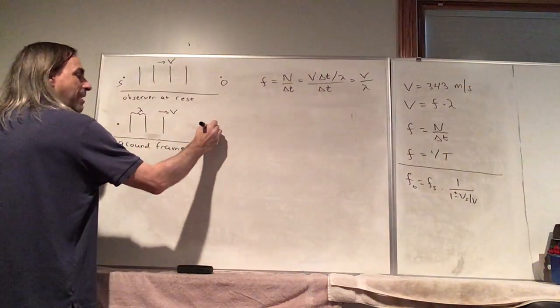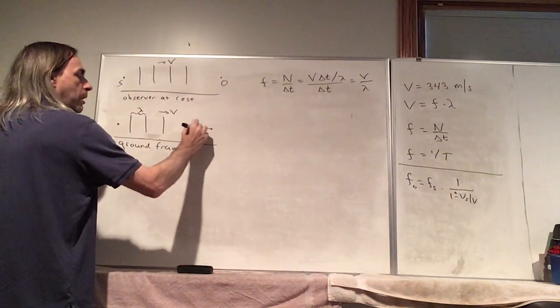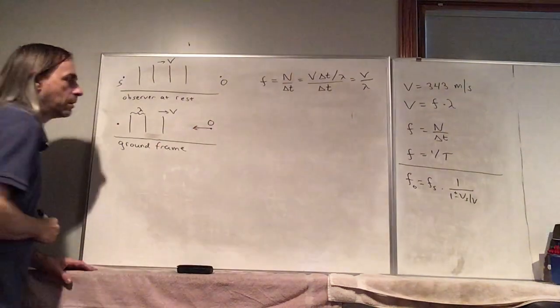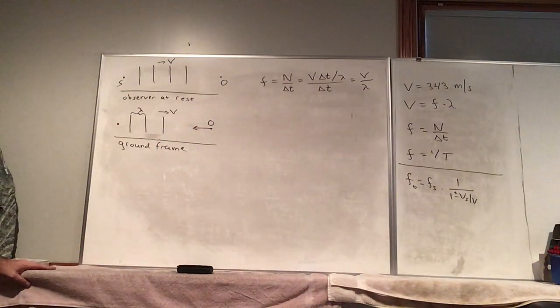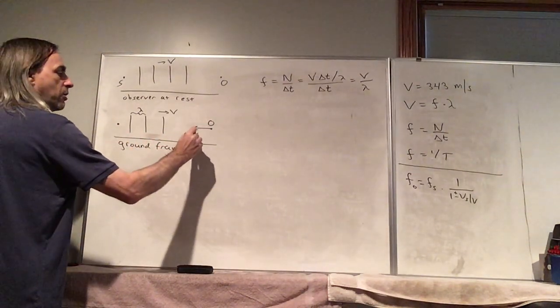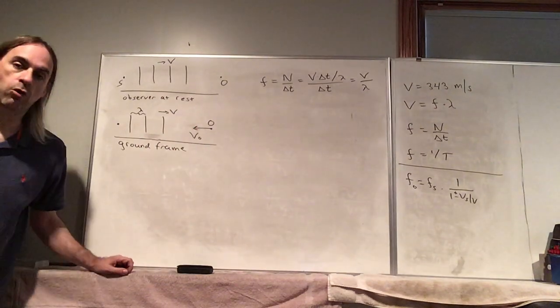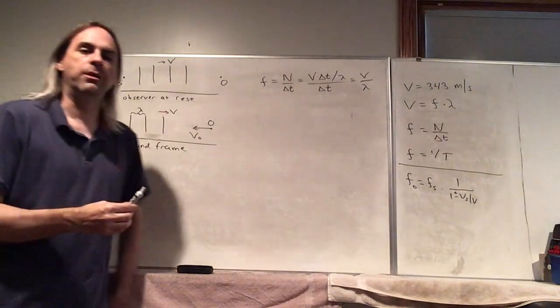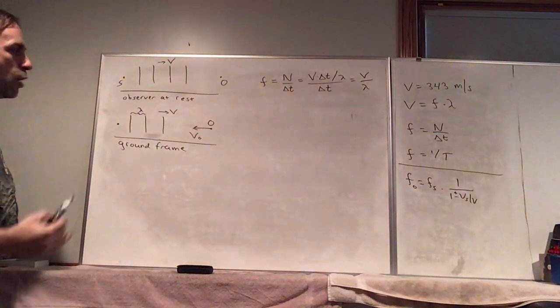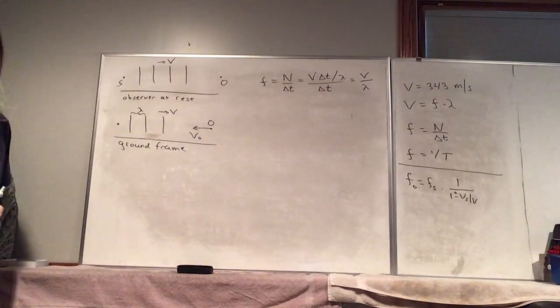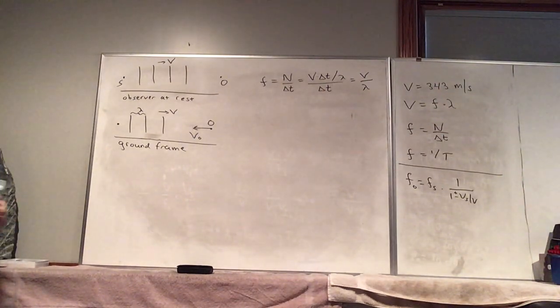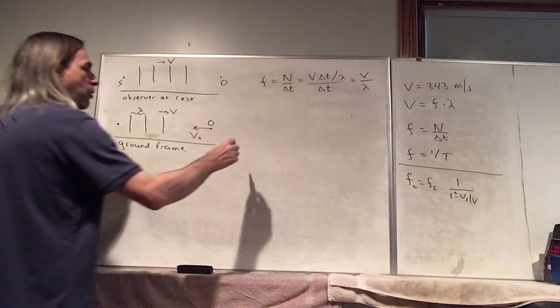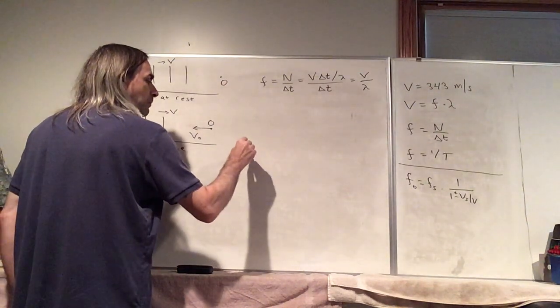But now, let's say the observer is moving towards the source with a velocity VO, for velocity of the observer. Now remember, the way that we determine the frequency is by counting the number of wavefronts that cross us. So I'm going to shift reference frames here. Let's look at this from the observer frame.